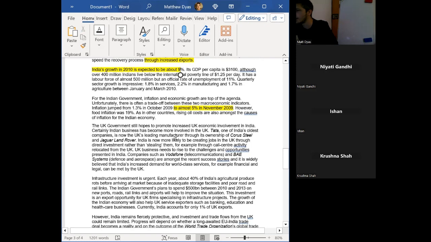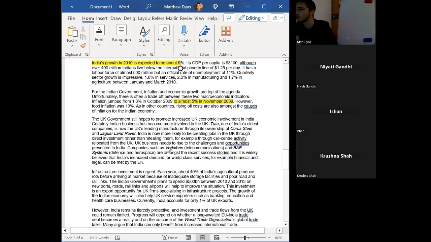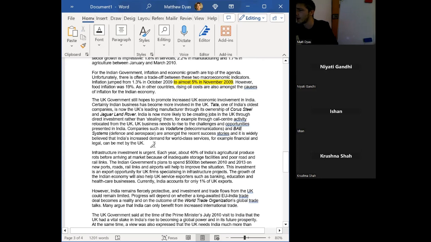And that together means real incomes in India are rising, which is potentially good for the UK in terms of selling things to India. So I can use a combination of these two to say that in real terms, Indian consumers should be getting richer. Despite the 5% inflation, their economy is growing by 9% a year. So they should be getting richer and therefore more able to buy UK products.